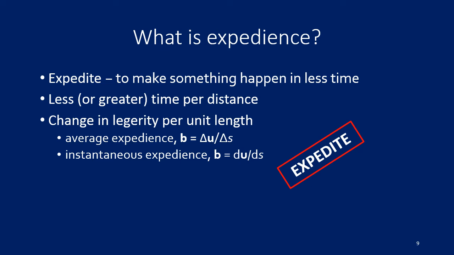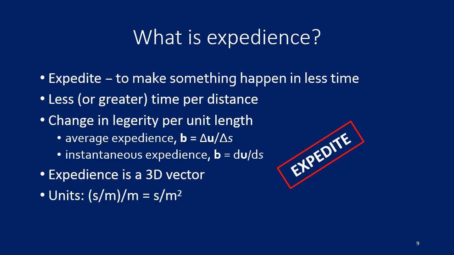The average expedience then, we'll use the letter B in bold, is the change in U, legerity, over the delta S, the unit length. And an instantaneous expedience can also be defined as dU bold over dS. So expedience is a three-dimensional vector, and its units are seconds over meters per meter, or seconds per meter squared, or something like that.